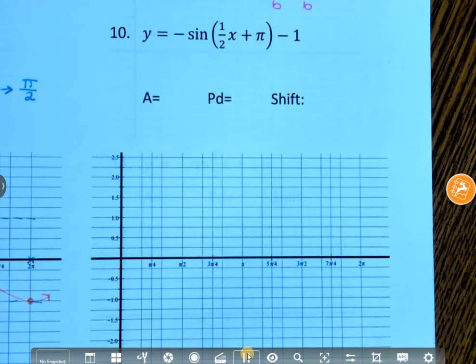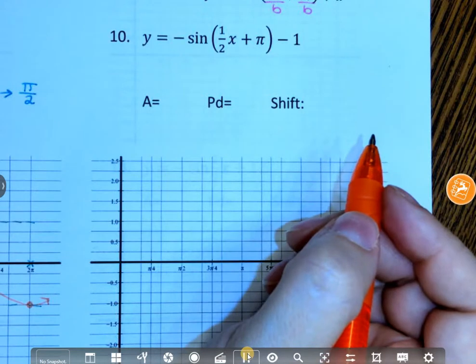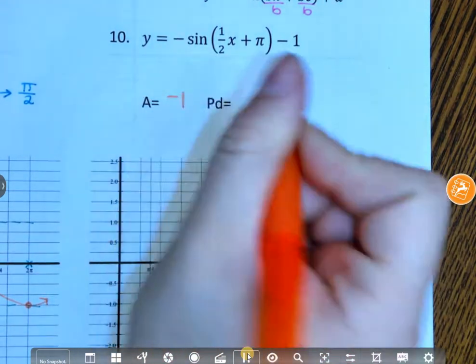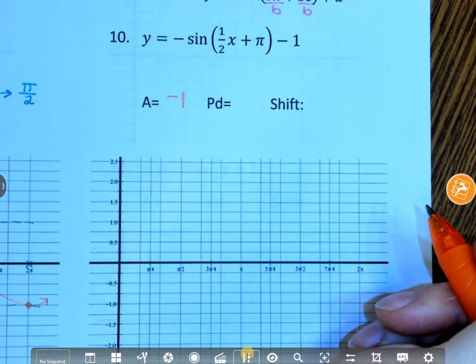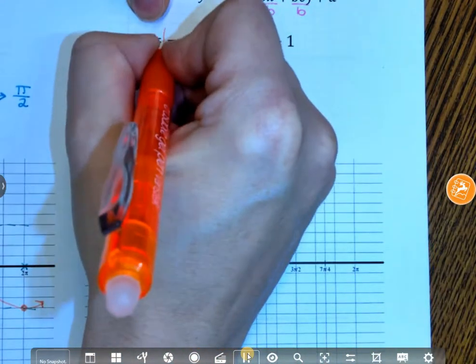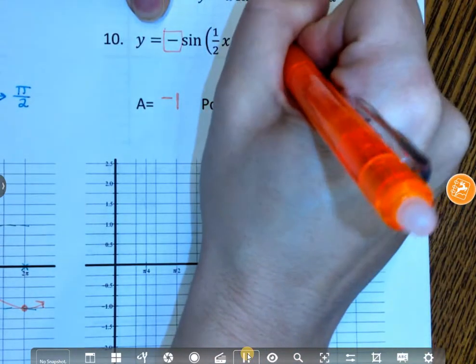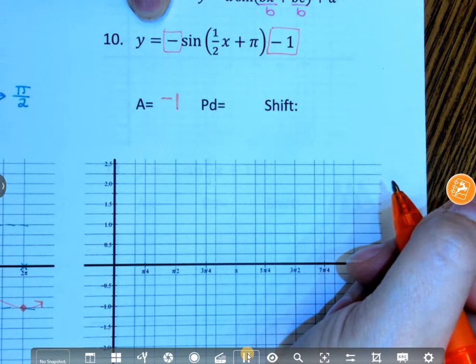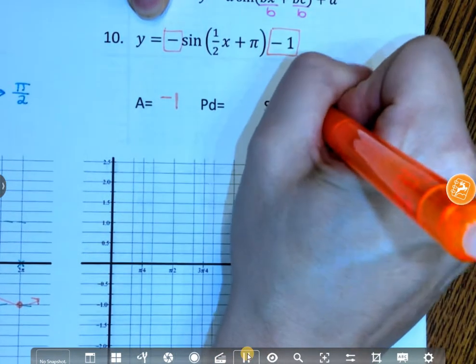All right. What is your amplitude on problem number 10? -1. Let's just think about the verticals, the up and down stuff. Negative was on the outside. What else is on the outside? A -1 at the end. What is that going to do to your graph? Moves your graph down 1.